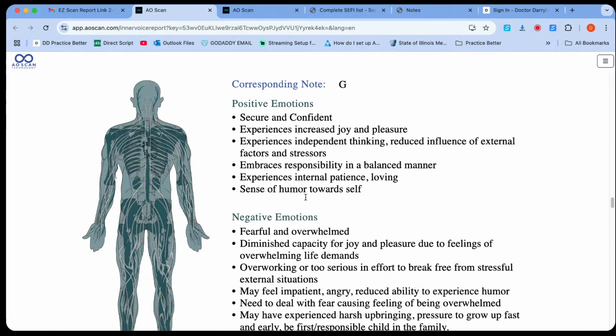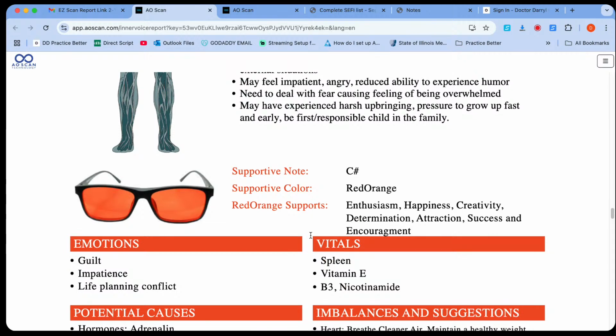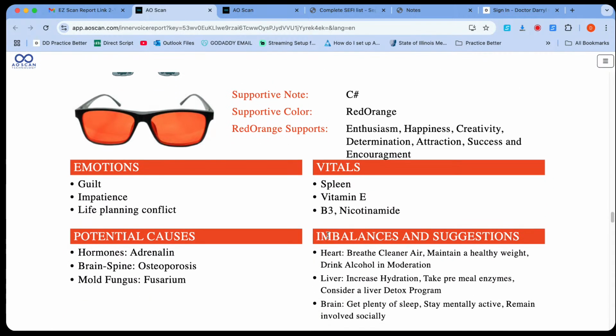When we're looking at G, we're looking at veins and arteries and muscles. And I'm going to look at her emotions. So this is just today.